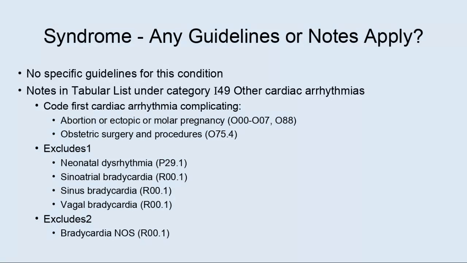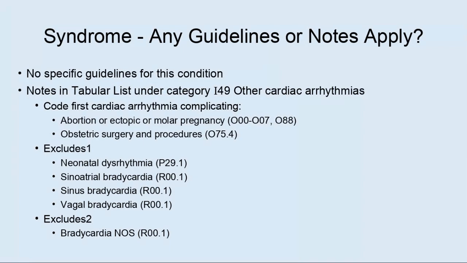So are there any guidelines that apply? We're going to turn to the guidelines for cardiovascular system. There are no specific guidelines, so we're going to turn to the code I49. Remember that it's important to look up the code in the tabular list and not just use the alphabetic index. There are important notes and tips that you will miss if you don't go to the tabular list.